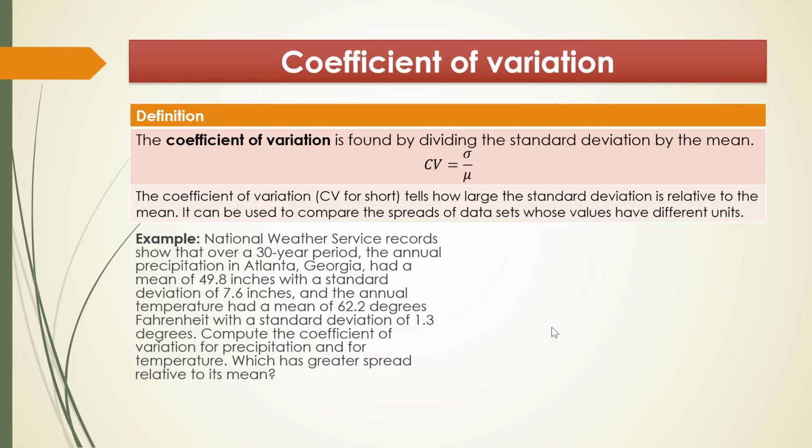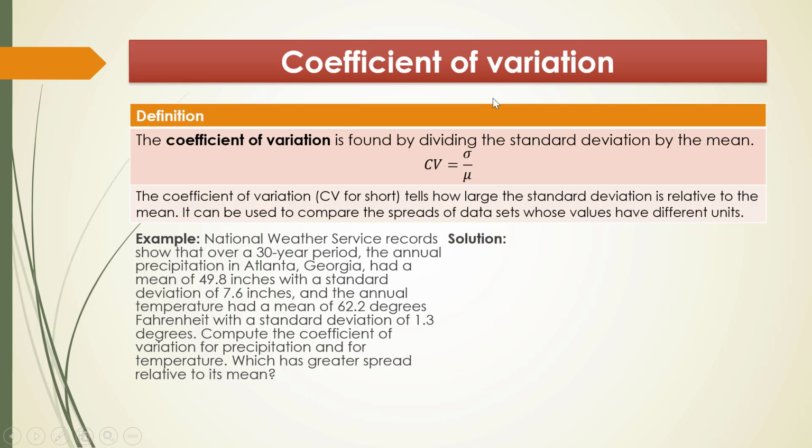Compute a coefficient of variation for precipitation and for temperature. Which had a greater spread relative to its mean? Here you see the precipitation and temperature have different units of measurement. So if we use standard deviation or variance to compare them, it becomes meaningless. Variance and standard deviation, even range, fail in this situation. So we need to use a coefficient of variation.